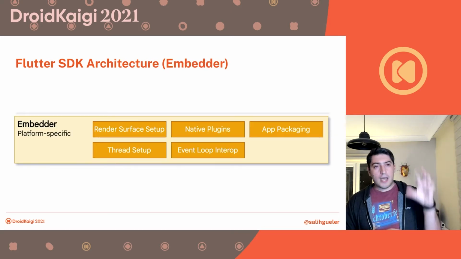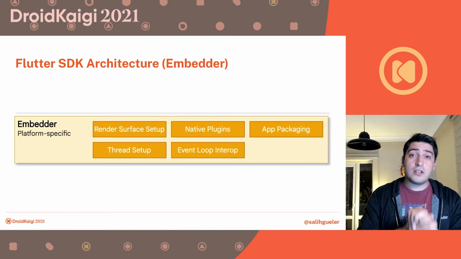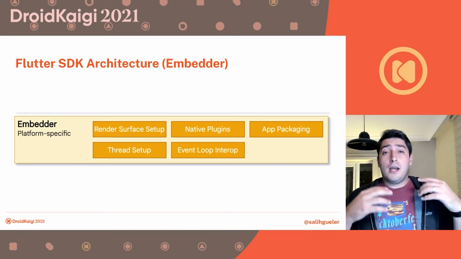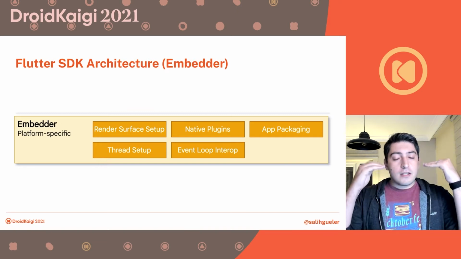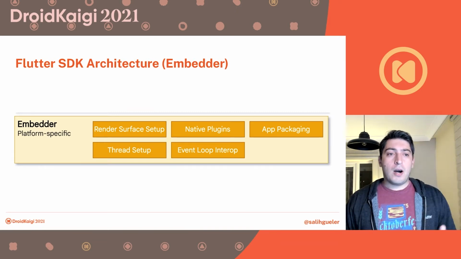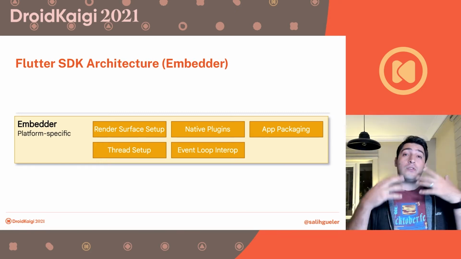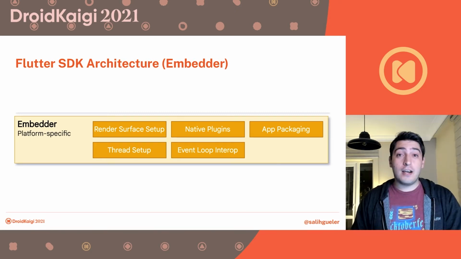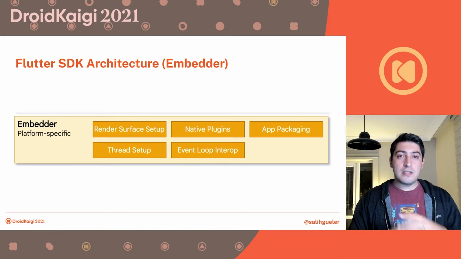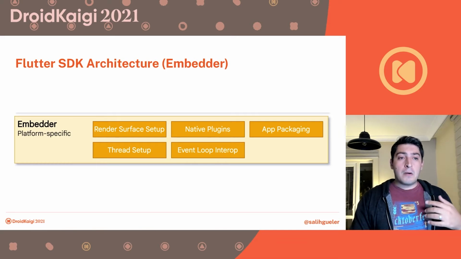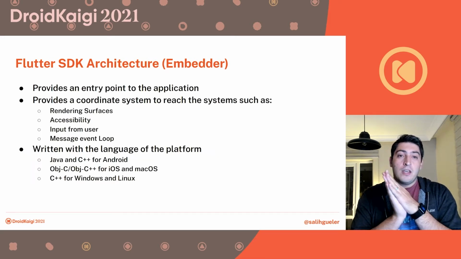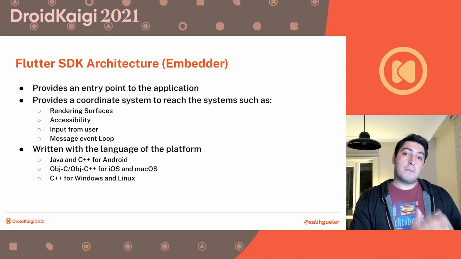Let's continue with the actual Flutter SDK architecture, the embedder one. The embedder is, as I said, the platform specific part. It gets the native plugins and the app packaging. So if you want to have APKs or anything like that, you will be using the embedder part. The embedder is written in platform specific languages.